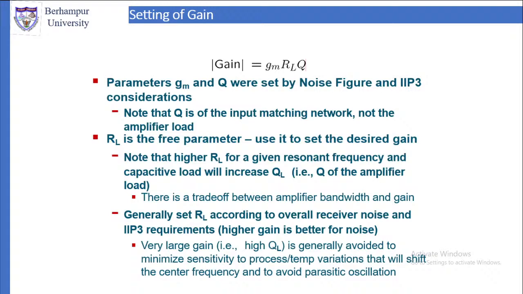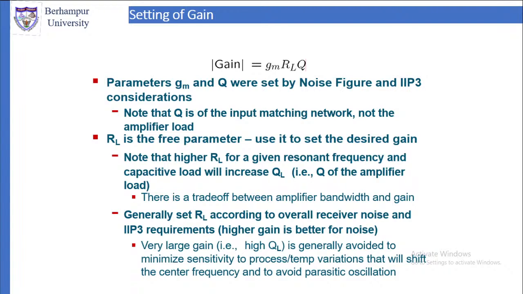RL is the free parameter. Use it to set the desired gain. We don't have any control over Q, we don't have any control over Gm, which is transconductance. So our control is over RL, that is the free parameter.